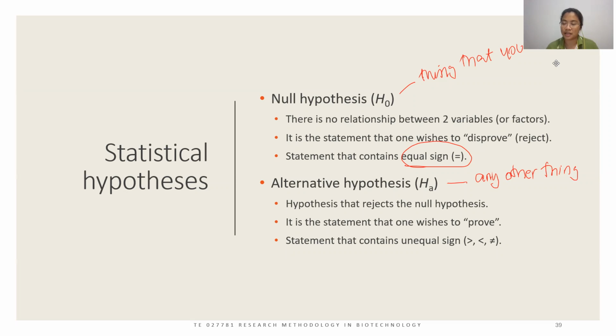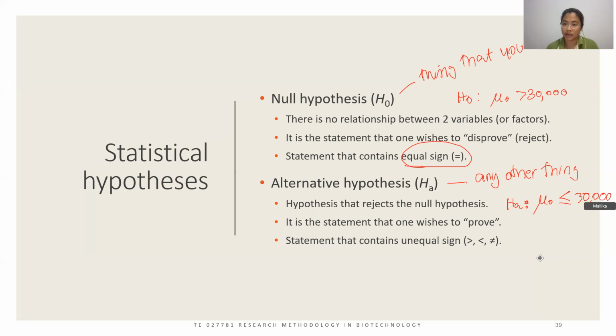So in the statement that I just said, H0 would be that the average salary is more than 30,000, and the H alternative, HA, will be that the average salary is less than or equal to 30,000.